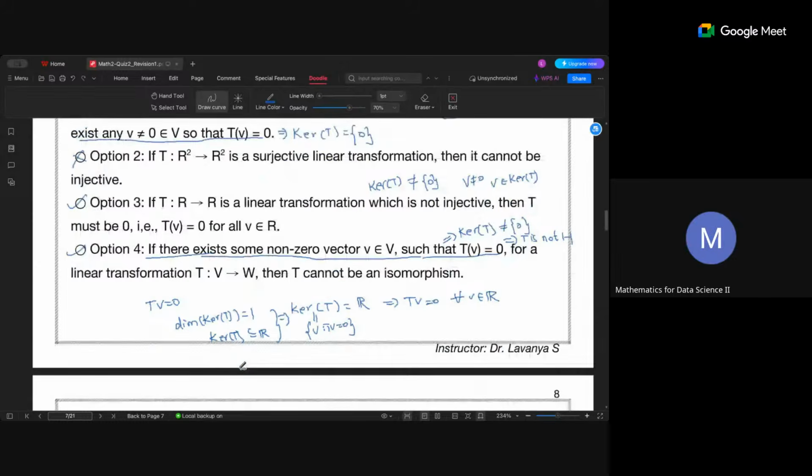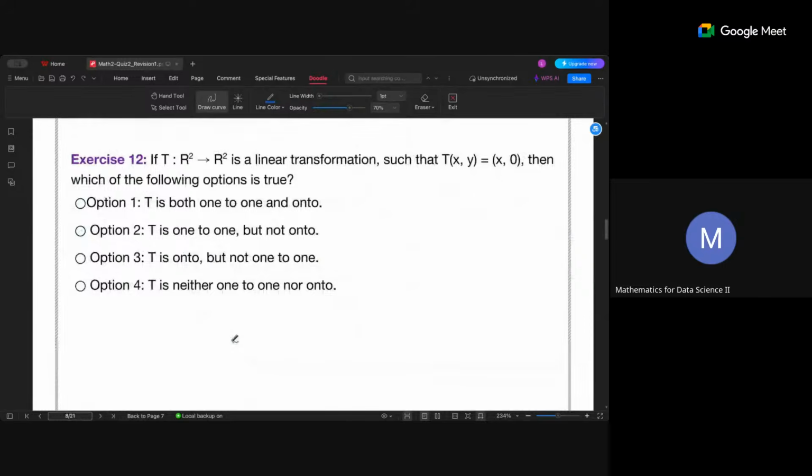If T from R2 to R2 is a linear transformation such that T of (x, y) is (x, 0), then which of the following options is correct?